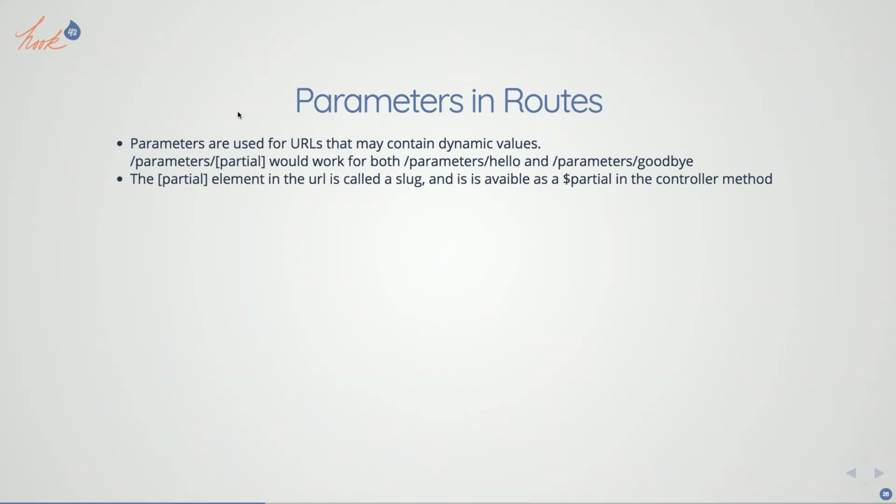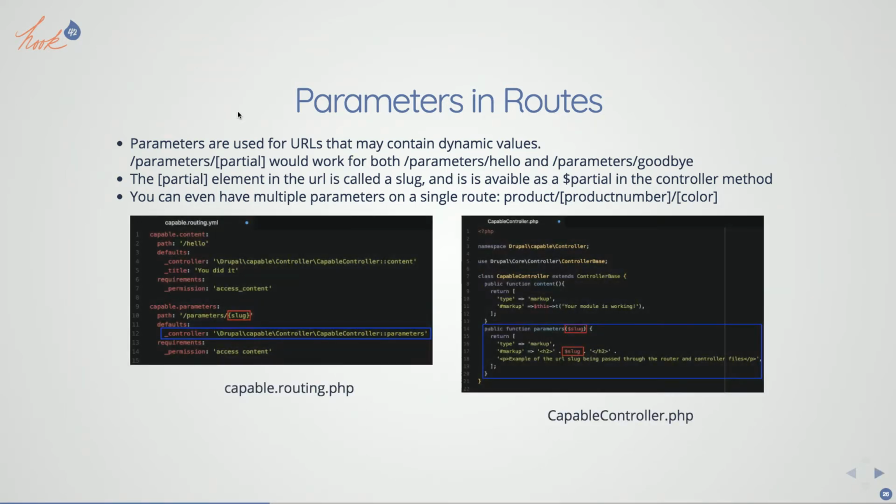This partial element is called a slug, and it's available as a parameter in the controller method. You can also have multiple parameters, like a product, then a product number, and then a color. I'll show you examples. It's a lot of information. Can you guys see that? Yeah. Okay.